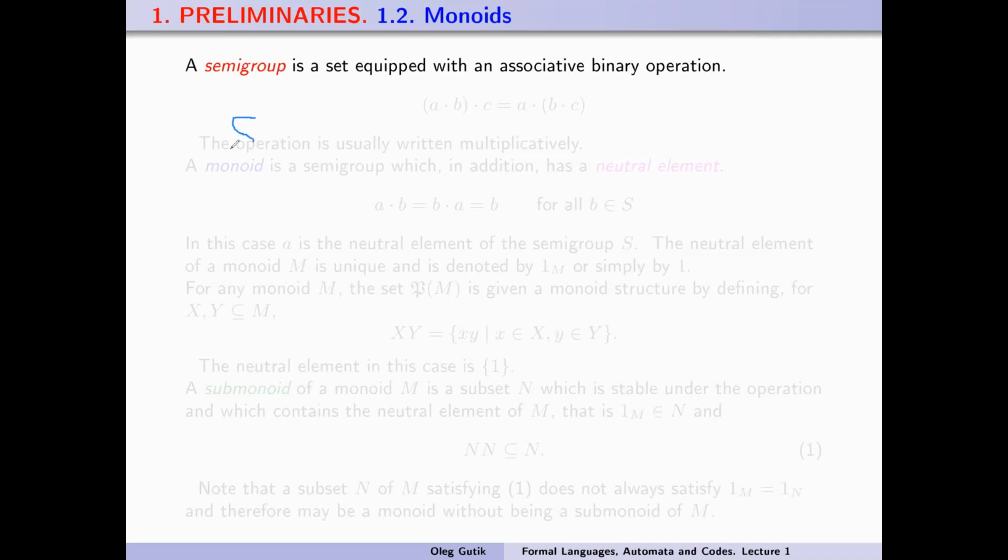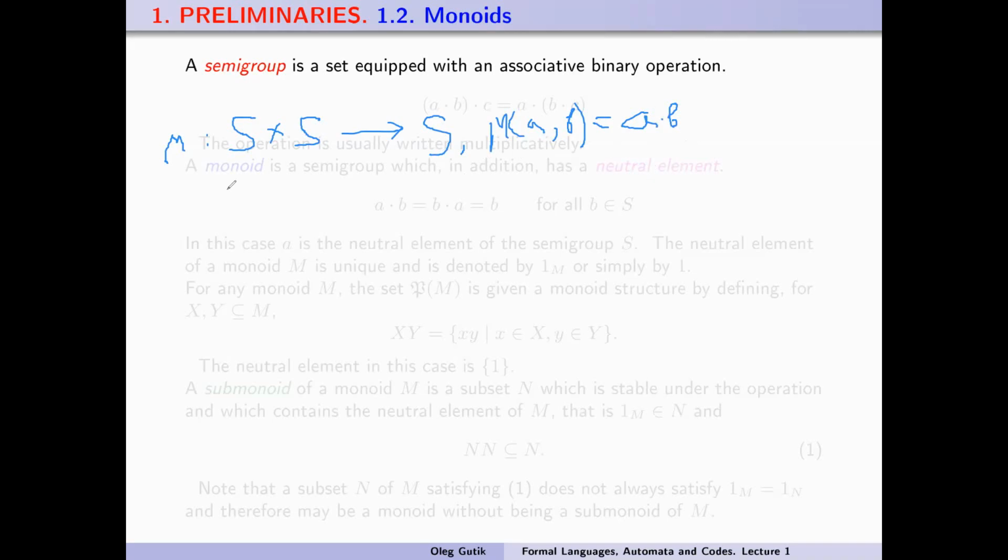If we have S a set, we consider the map from S squared, the Cartesian product of S by S, to S. We shall denote this map by mu, and any map from this Cartesian product to S is called a binary operation on S. Also, we can simply denote this operation in the following way: for any a and b from S, we write that mu(a, b) is equal to ab, and this operation we shall call multiplication.